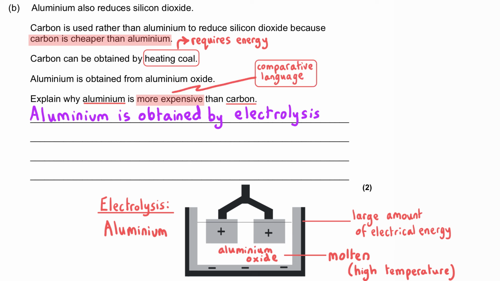And so the presence of that word more in our question means we need to use comparative language, not just say that it is expensive, but say that it is more expensive. And the reason why it is more expensive is that more energy is needed. So not just a lot of energy or a great deal of energy, we need to be comparative, much more energy is needed. And that gets us our second mark after saying that electrolysis is needed to extract the aluminium, and that would be our first mark.